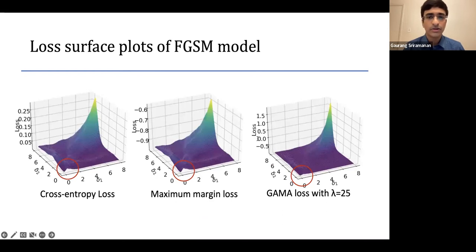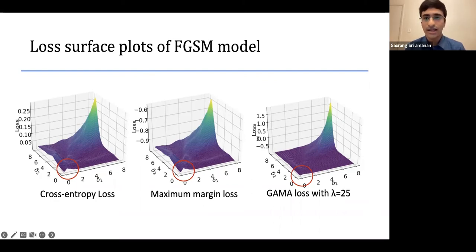Here, for example, we show the loss surface plots for an FGSM trained model. In these plots, delta 1 corresponds to the changes along the gradient direction, and delta 2 represents perturbations along a random direction, orthogonal to the gradient, as before. The cross entropy and maximum margin loss plots are not smooth and also exhibit gradient masking, which aligns with our expectations for an FGSM trained model.